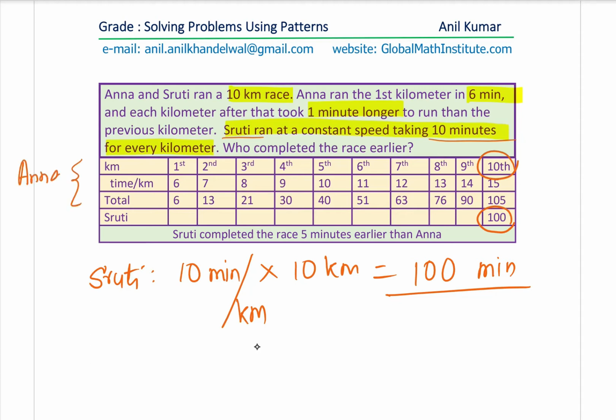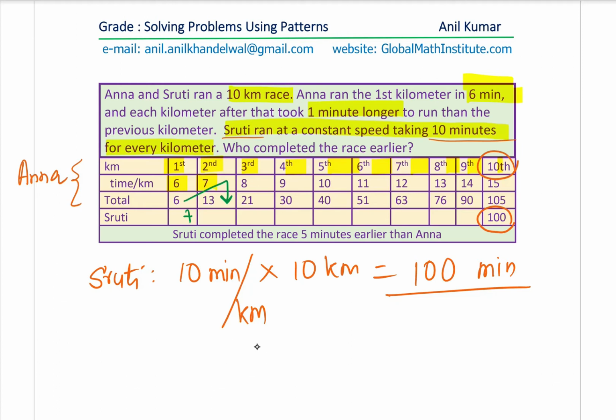So for Anna, let's figure it out. We know that the race is 10 kilometers, so we have 10 terms. So these are your 10 terms, which says first, second, third, fourth, fifth, sixth, seventh, eighth, ninth, and 10th. Now we are given first kilometer she ran in 6 minutes, second in 7 minutes. So in all, 6 plus 7 is 13. So you have to add them up as you move along.